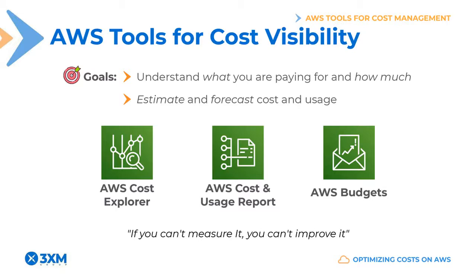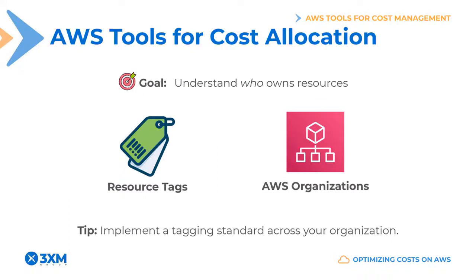And then finally, we have AWS Budgets, which allow you to define precisely that. Budgets for your projects, for your teams, and keep track of those budgets and receive notifications or alerts when certain thresholds are exceeded. So go ahead and take a look at these three tools and explore other ones if you will, and remember that if you can't measure something, you can't really improve it.